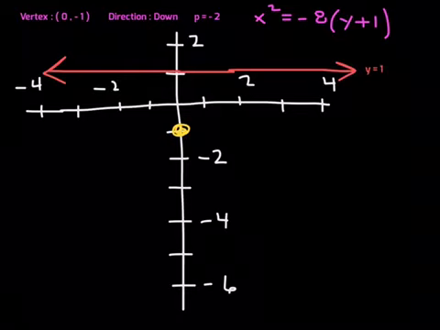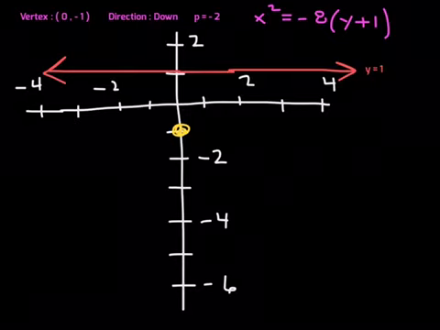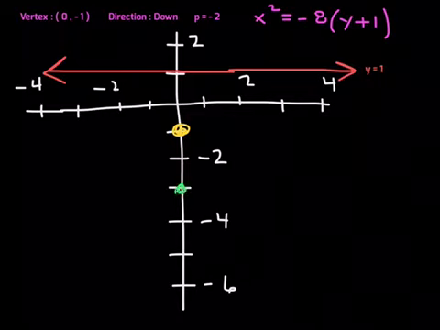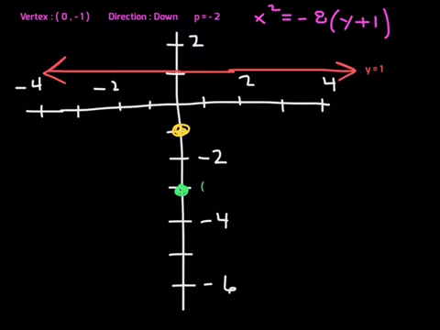Now the focus will be found by moving 2 units down from the vertex of the parabola, which will put you at (0, -3). That's the focus. The focus has coordinates (0, -3). Cool.